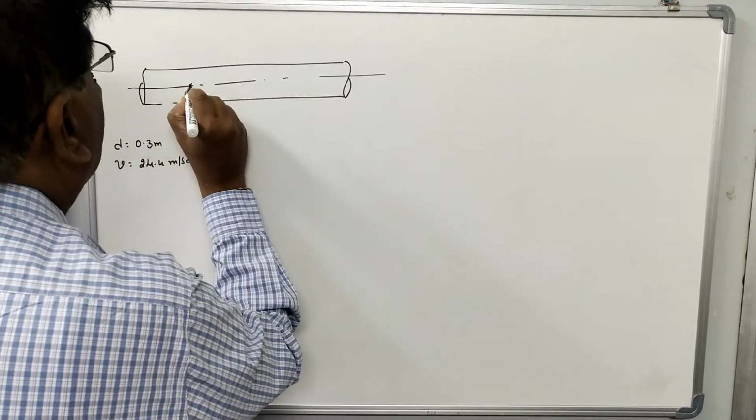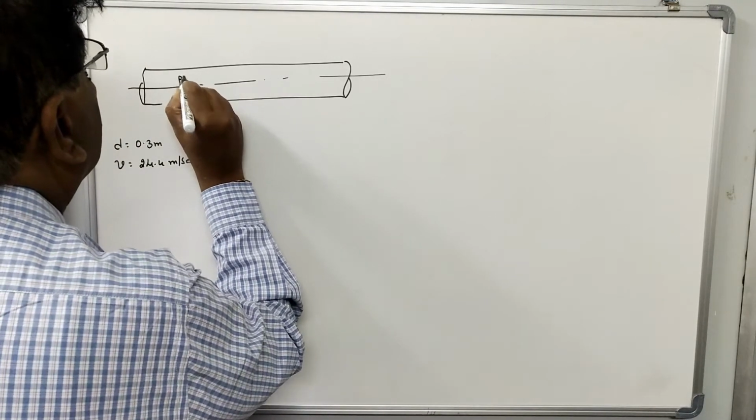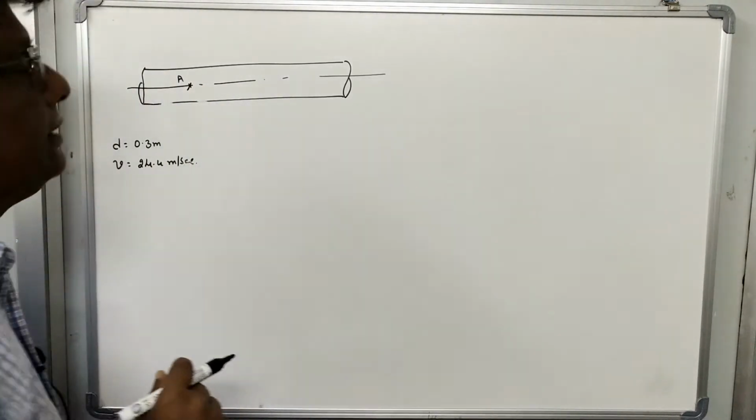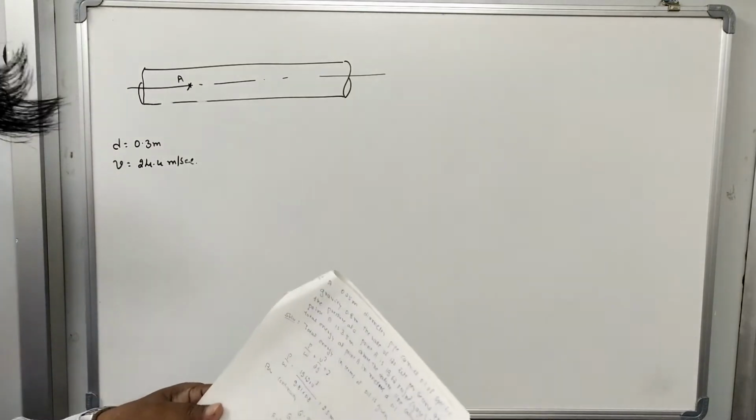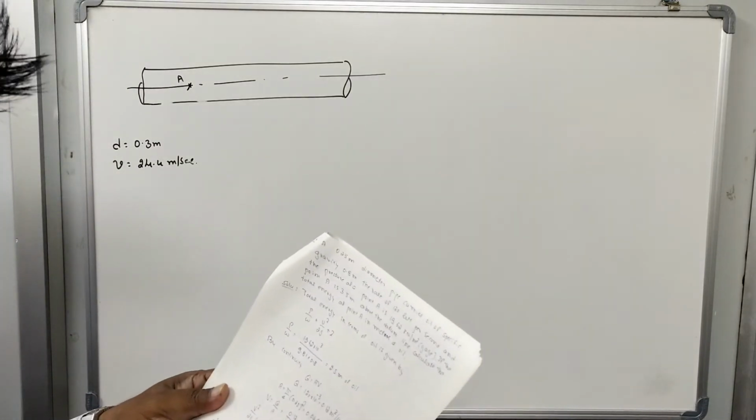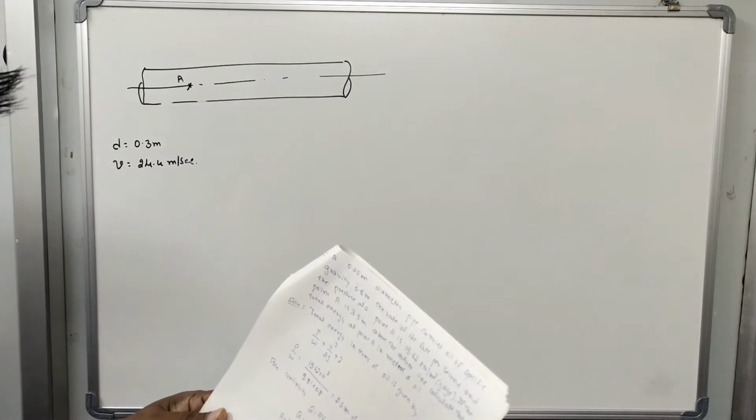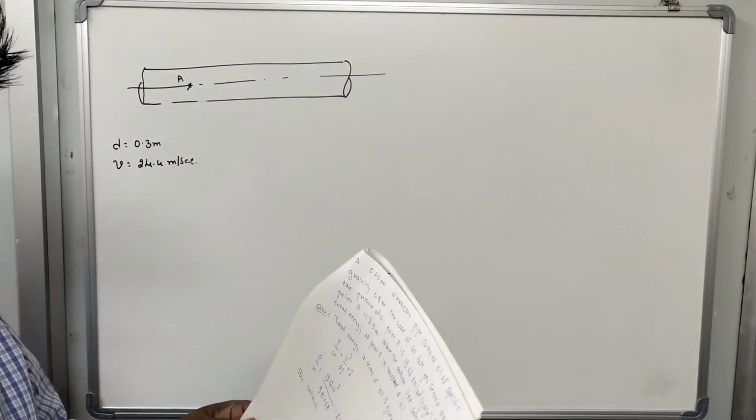Let us take the point A inside the pipe. At this point, the velocity is 24.4 meter per second.